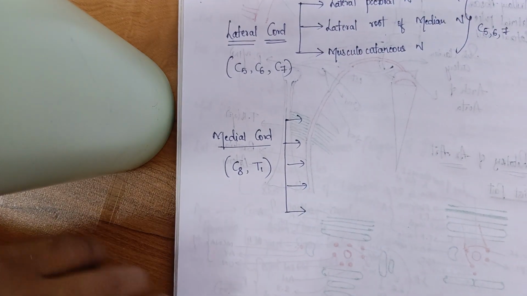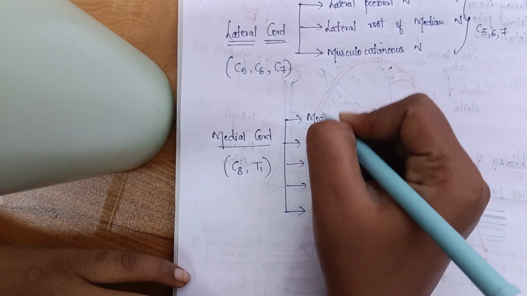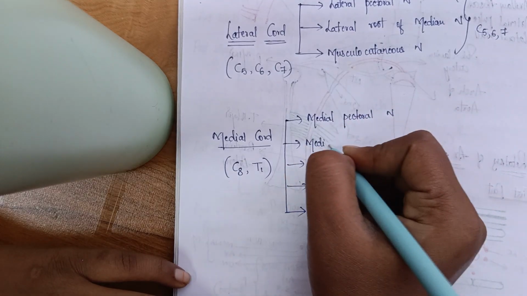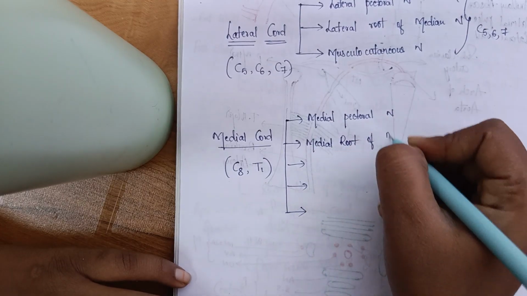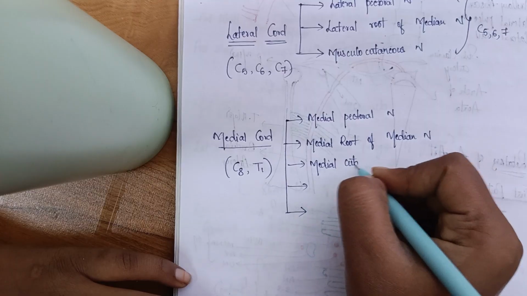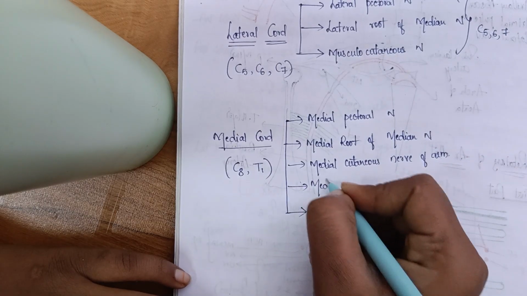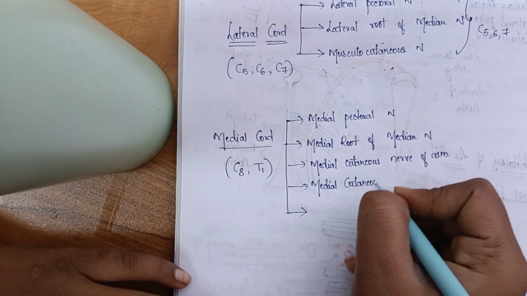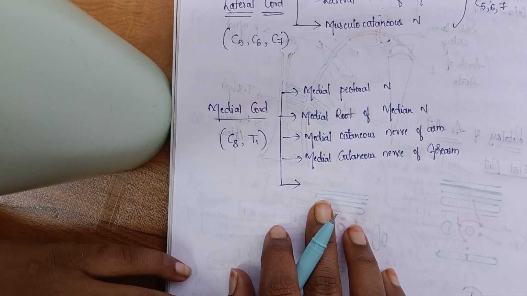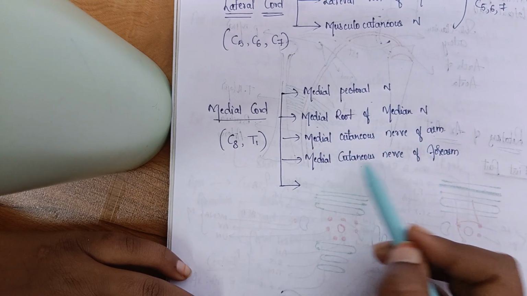First is the medial pectoral nerve, medial root of median nerve, medial cutaneous nerve of arm, and medial cutaneous nerve of forearm. How to remember this: all of these start with medial.